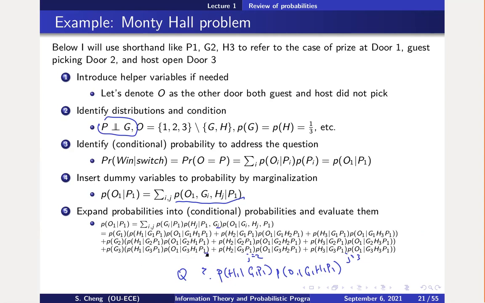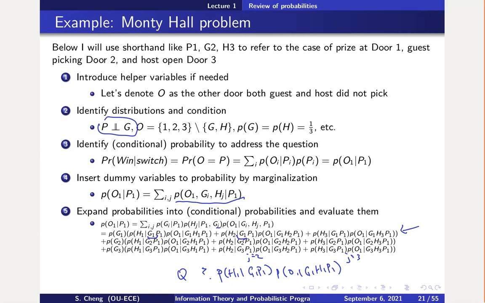Let's see. Yeah, this entire row should be 0. Oh no, I'm right. No, I'm wrong. I'm sorry. I got confused myself. Yeah, here the entire row is 0 because if the guest picked the first door.